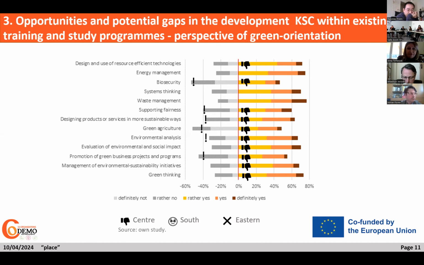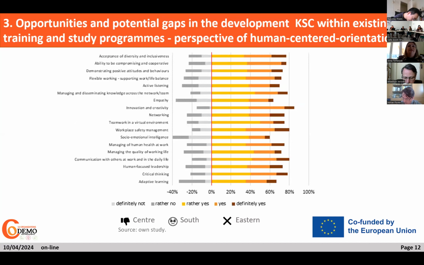Almost all factors should be improved according to the stakeholders from the center, we can observe 4 gaps according to the respondents from the south and at least 2 from the respondents from the east.